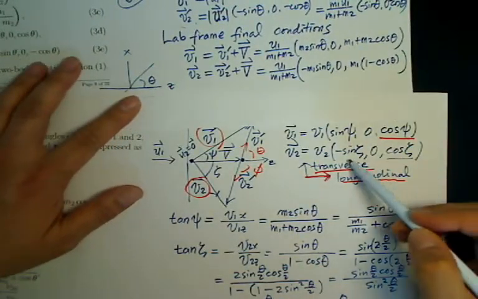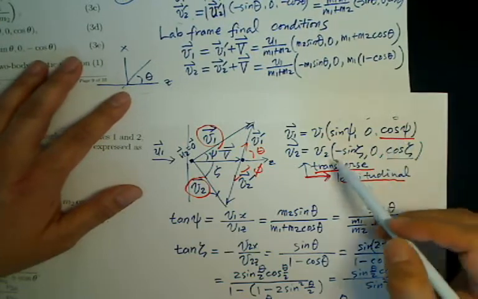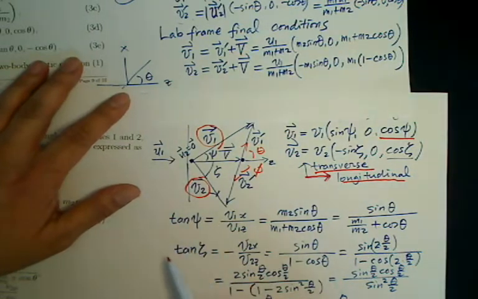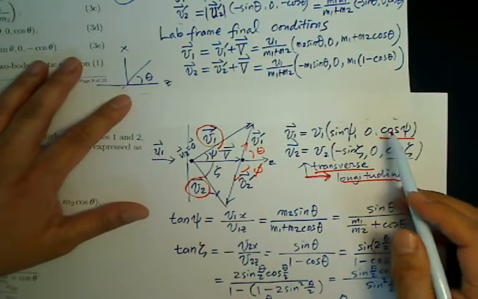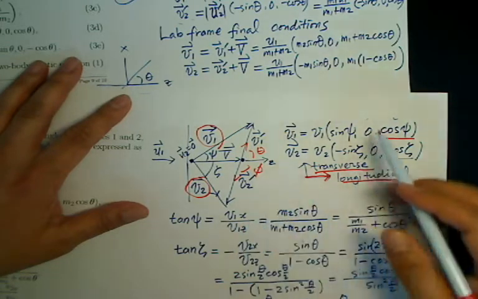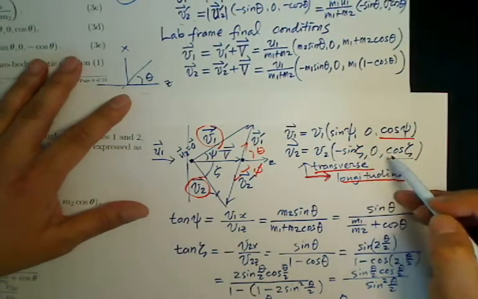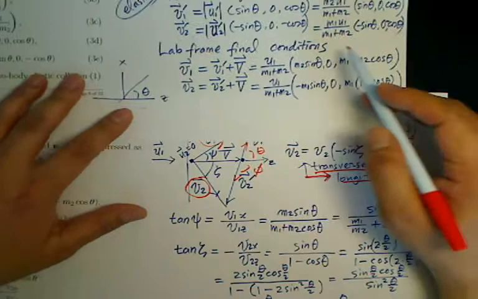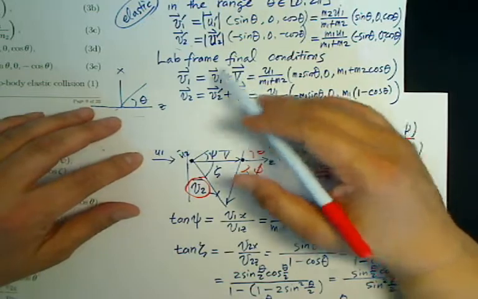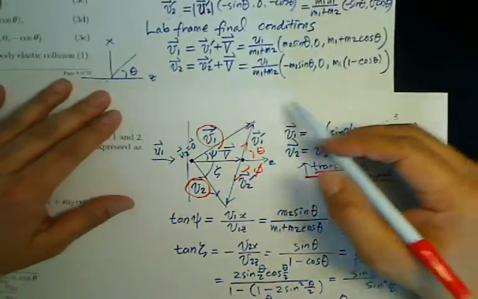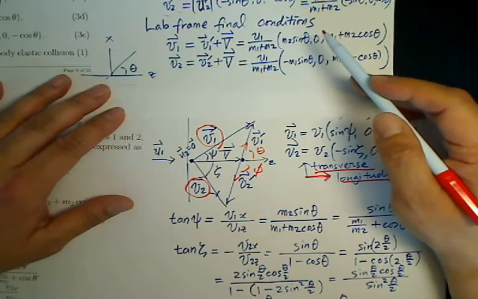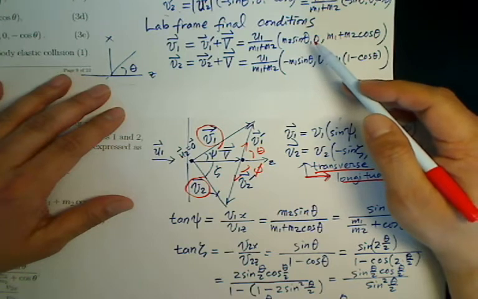The V1 expression and V2 expression for psi and zeta can be used to compute tangent psi and tangent zeta, tangent being sine over cosine. But we can express this complicated formula in terms of the formula represented in the center of mass frame. So this translation by Galilean transformation gives the same value expressed in terms of theta, the scattering angle in the center of momentum frame.